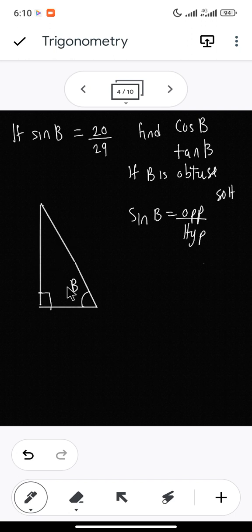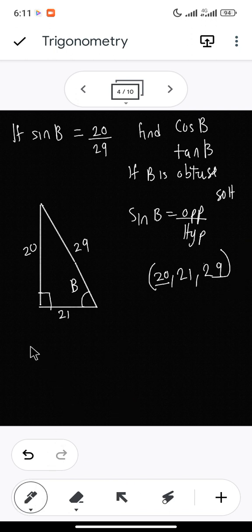Now your opposite is 20, so this automatically is 20. Your hypotenuse is 29. So we're looking for your adjacent. So this is also a Pythagoras triple. So we have 20, 21, 29. Yes. So we have 20, we have 29. So automatically this becomes 21.